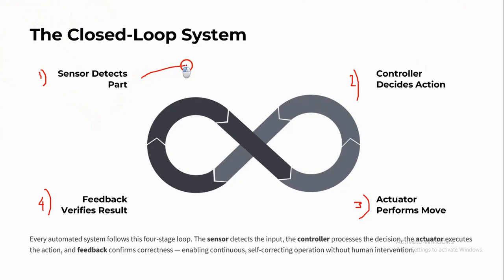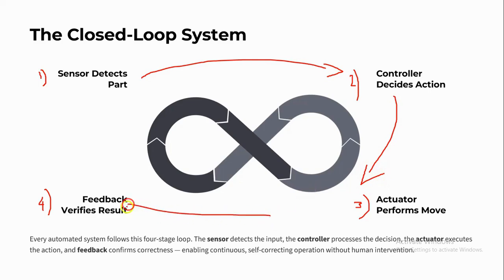Again the sensor will detect whether the temperature is under control or not. Then the controller will take an action. Based upon the input from the controller, the air conditioning system will switch on, or increase or decrease the cooling effect. Finally we get the feedback.